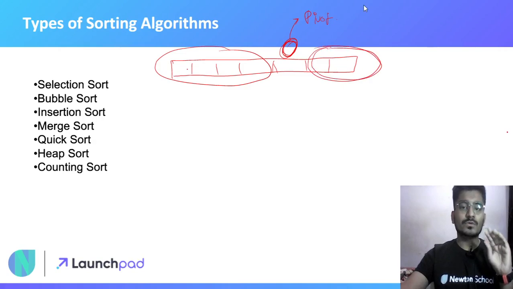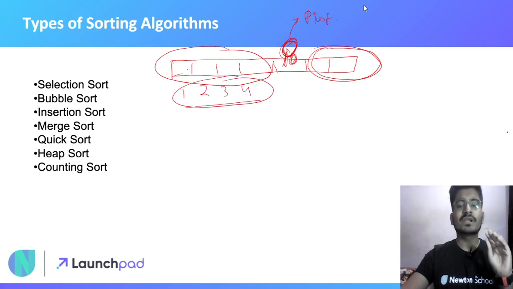Like this is 10 right now, you selected the pivot as 10, and you check the complete array and select all the smaller elements like 1, 2, 3, 4 and place them on the left side, and select all the larger elements like 11 and 12 and place them on the right side.